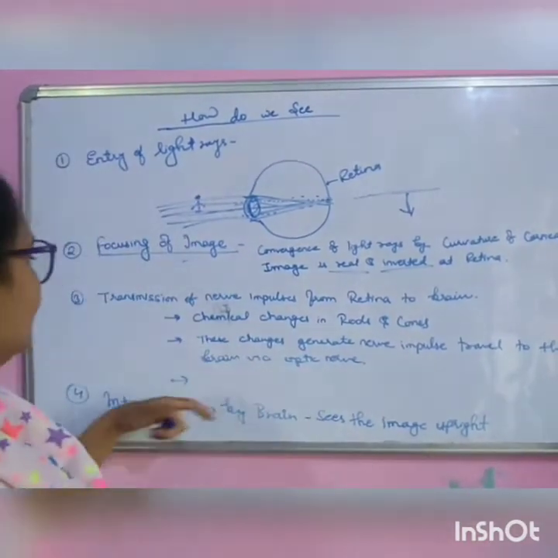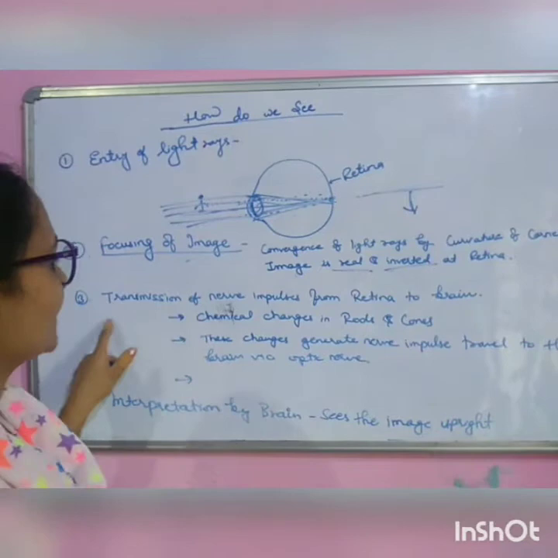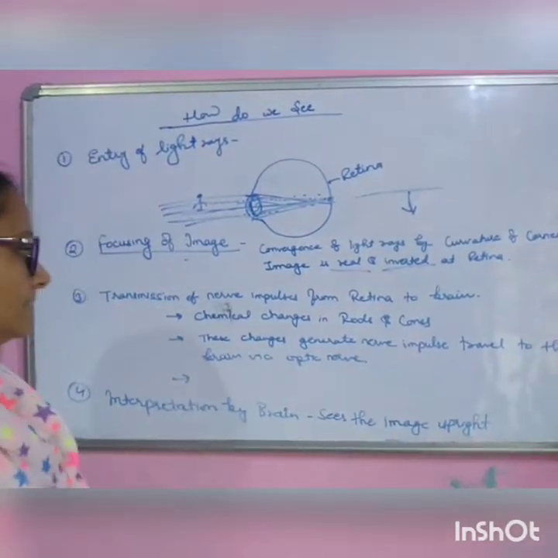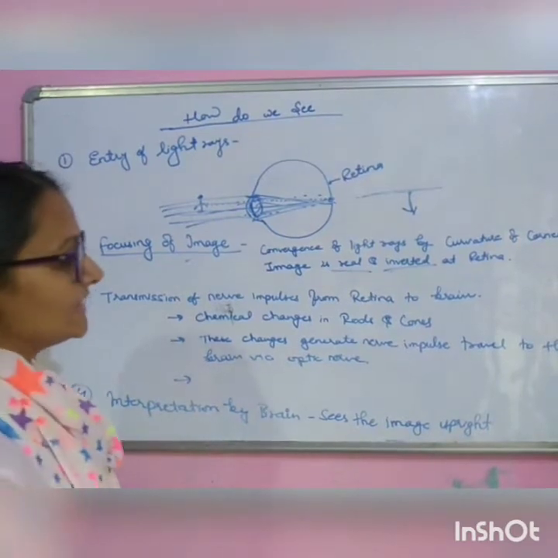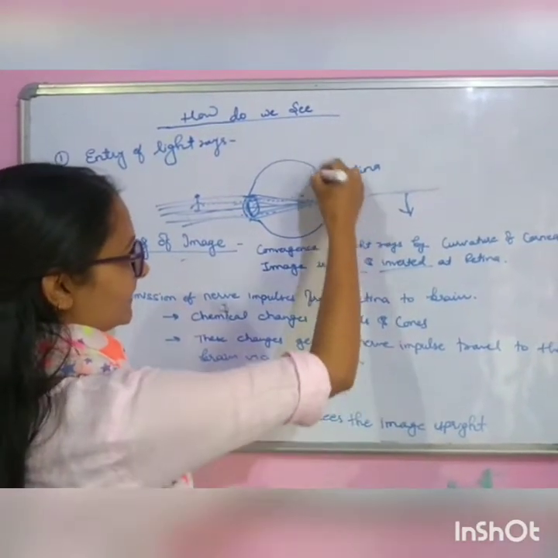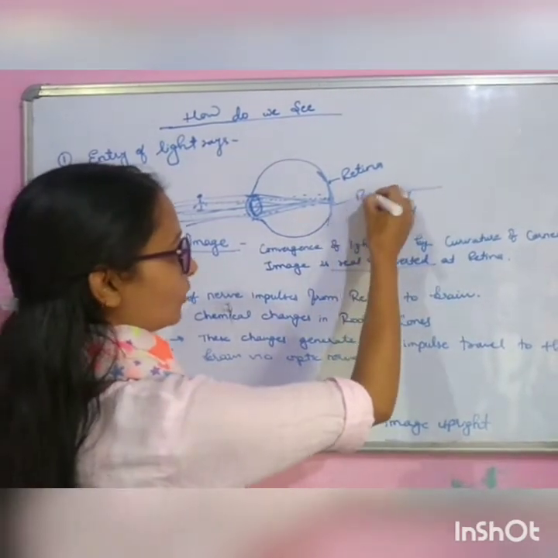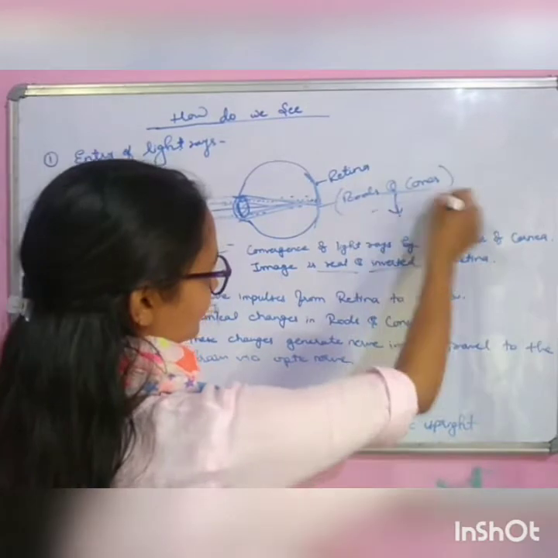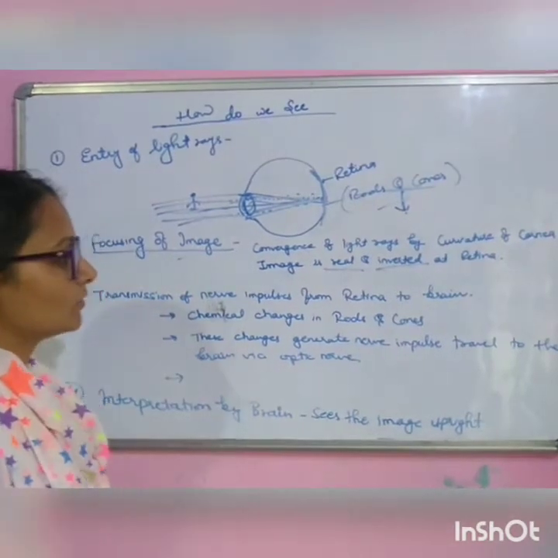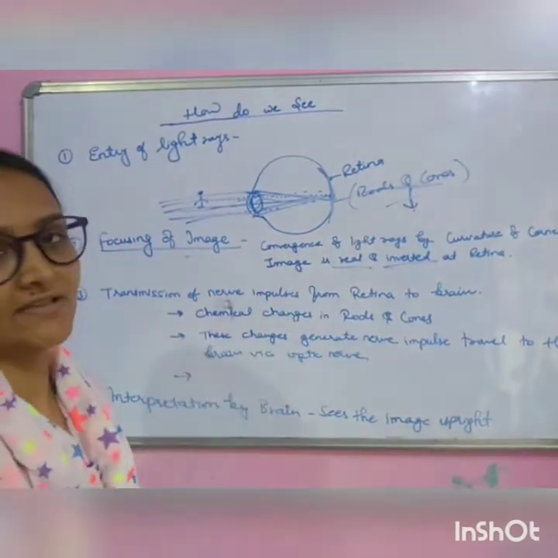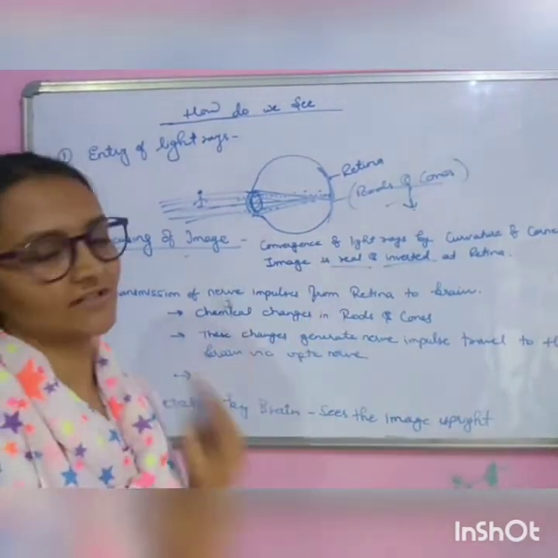Then the next step is transmission of nerve impulse from the retina to the brain. I have told you in the previous class, in the retina there are rods and cones, the sensory cells of the eyes. There is a chemical change in these sensory cells.